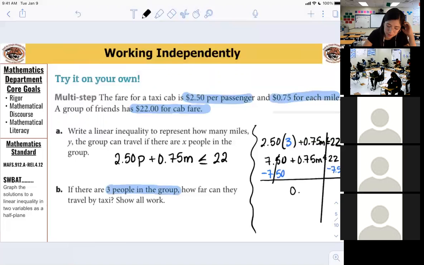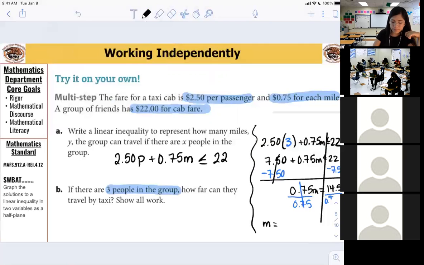Yeah. So 0.75 m equals 14.5. And then now I can divide that by 75 cents, by 0.75. And what's 14.5 divided by 0.75? I'm running out of room, but all I'm doing is dividing by 0.75. What do I get? 19.3.